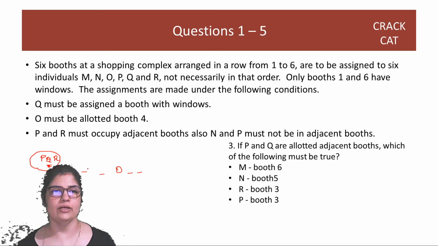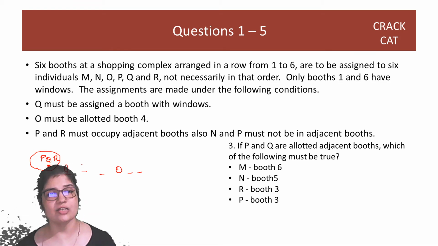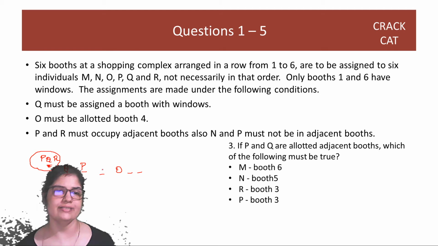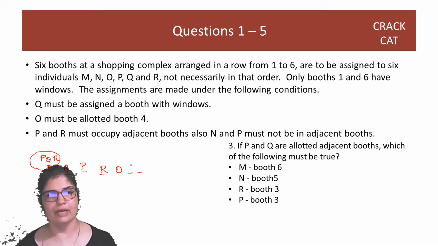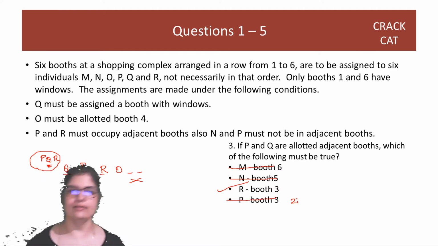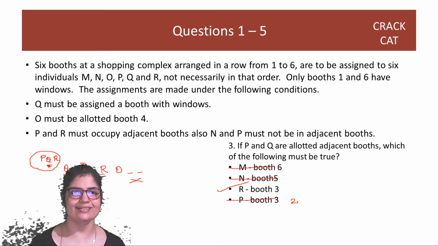They can only come in 1, 2, 3. Out of which, where is the window? Here is the window. And P has to be beside Q because they are adjacent, and R has to be with P because P and R are also adjacent. Between M and N, no idea. So I cannot say anything about M. I cannot say anything about N. But yes, R will be booth 3, option 3, and P will not be booth 3. P will be in booth 2. So you're looking at the third option, right?